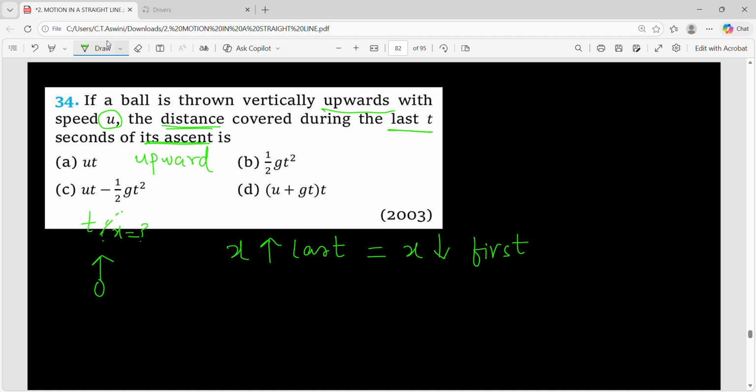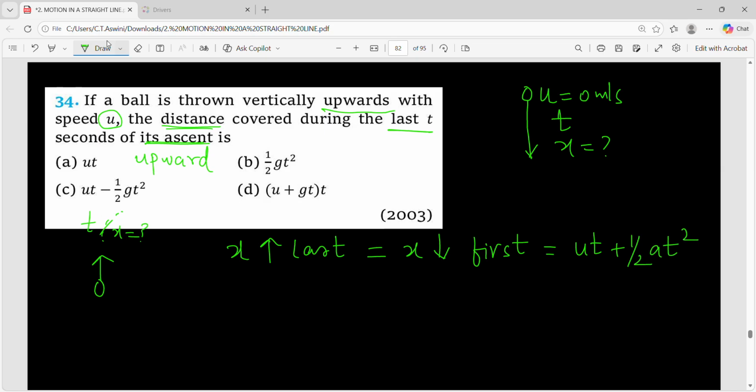Now, we'll use this concept. So let us take the body coming in the downward journey. What will be its initial velocity for the first t seconds? 0. Time is t. Distance is question mark. Now use the formula ut plus half a t square.